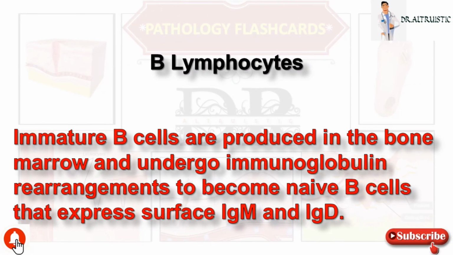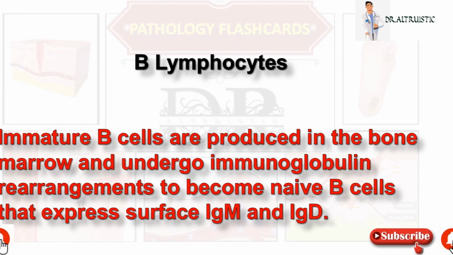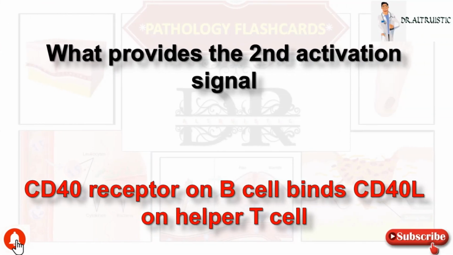B lymphocytes: immature B cells are produced in the bone marrow and undergo immunoglobulin rearrangements to become naive B cells that express surface IgM and IgD. What provides the second activation signal? CD40 receptor on B cell binds CD40L on helper T cell.